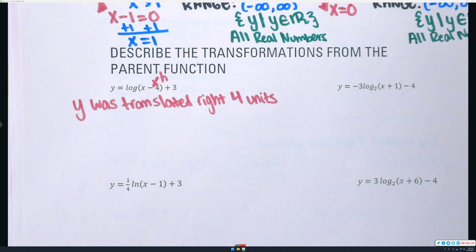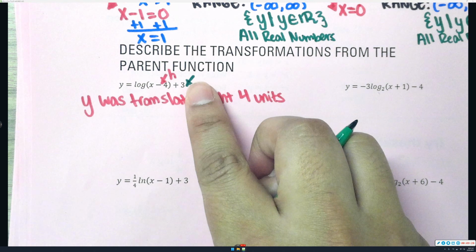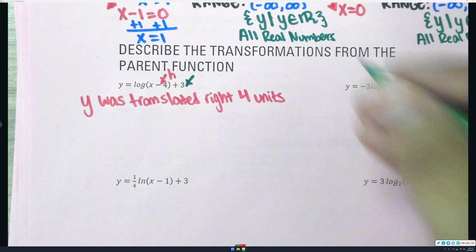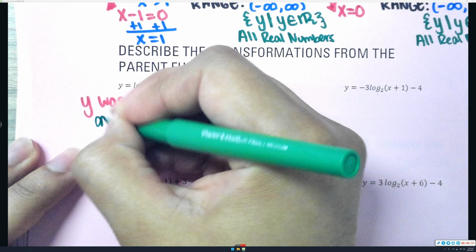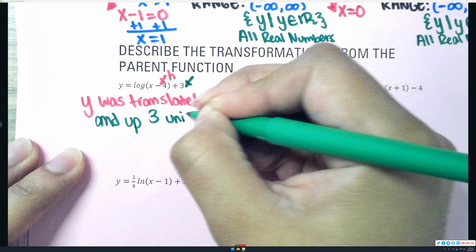So then we go to our k value. So this number that's outside, if it's a plus, it's going to go vertically upwards. If it's a negative, the graph will go vertically downwards, correct? So write down comma and up 3 units.